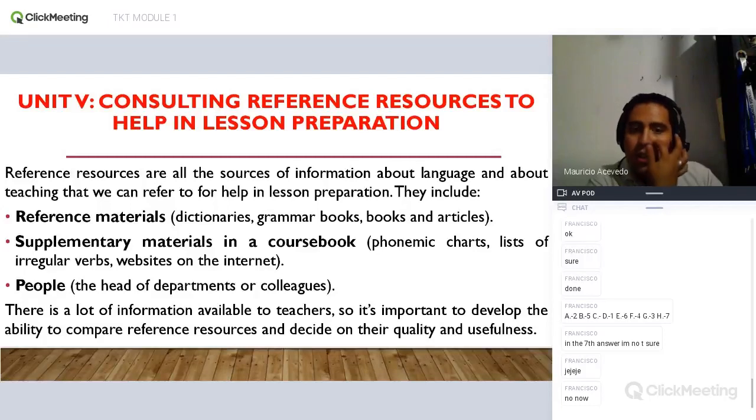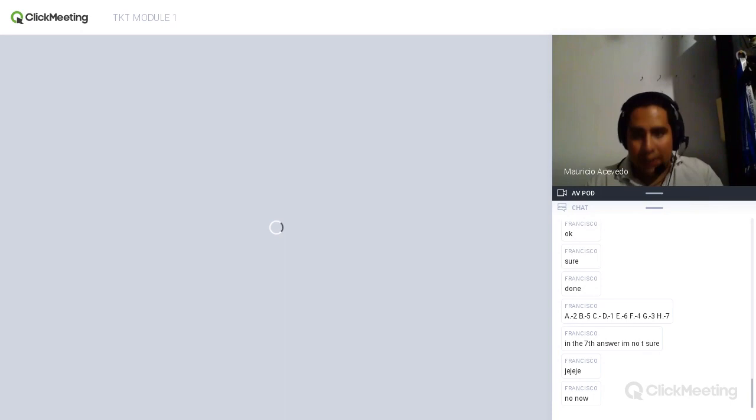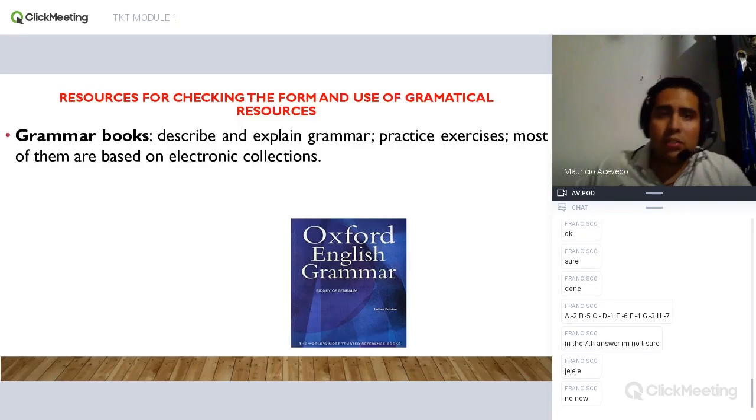We need to decide between the quality and the usefulness. But now let's go with every single resource because those might come in the real test. So make your notes, please, Francisco, if you have the chance.